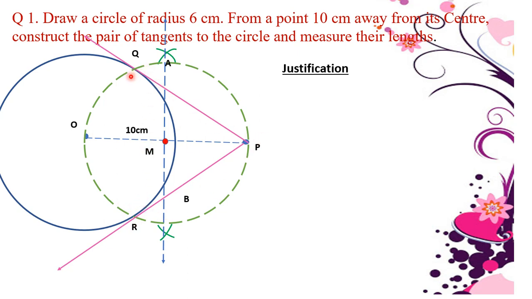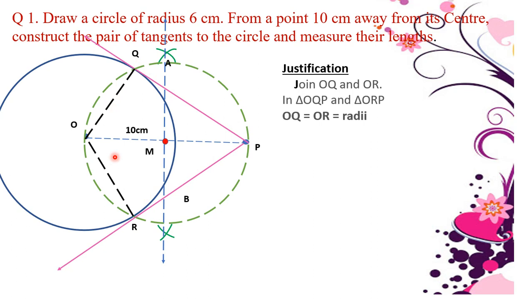When we join O with Q and R, we get OQ and OR, the radii of the circle. Now we have two triangles here, triangle OPQ and triangle OPR. In these two triangles, OQ and OR are both radii, that is, they are equal.